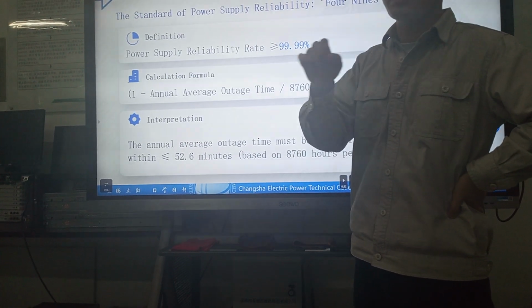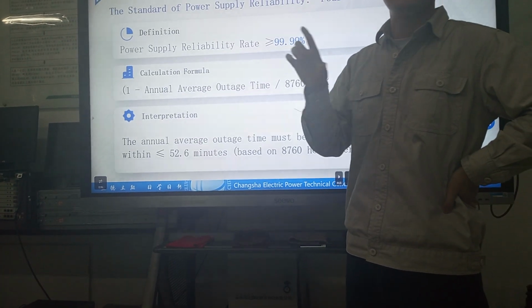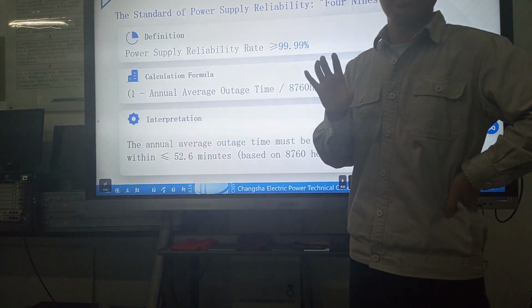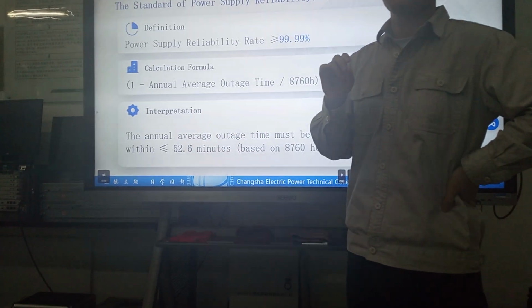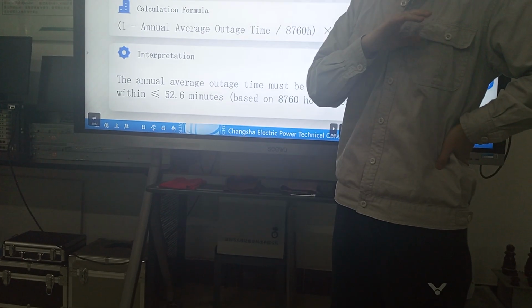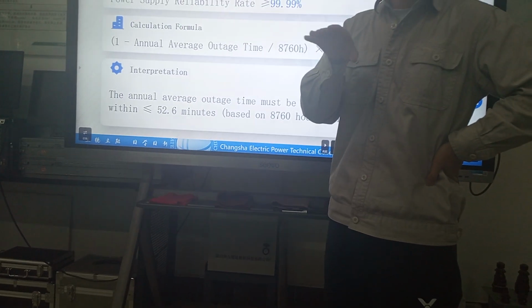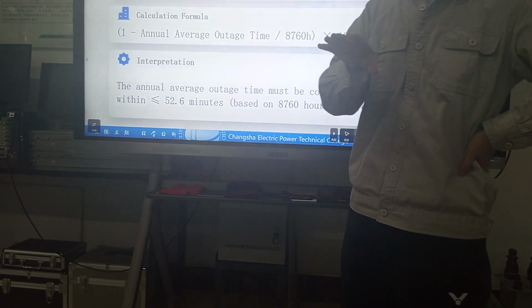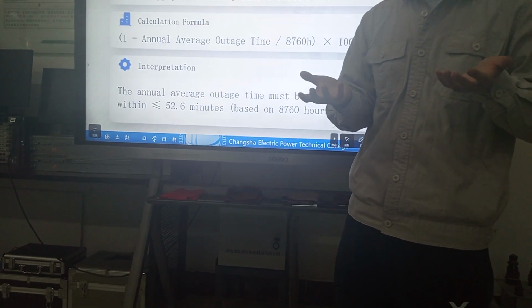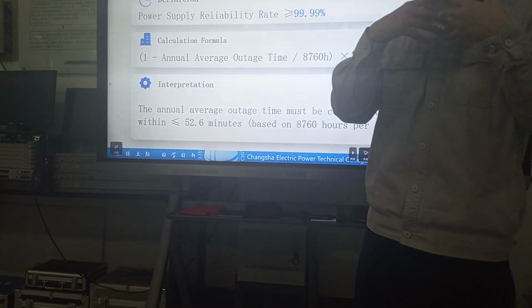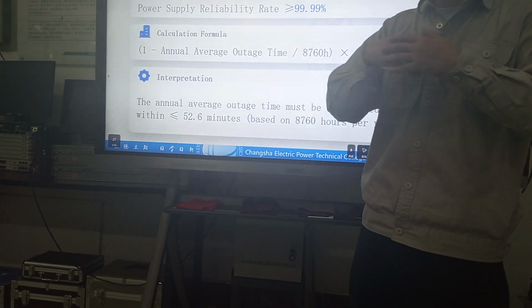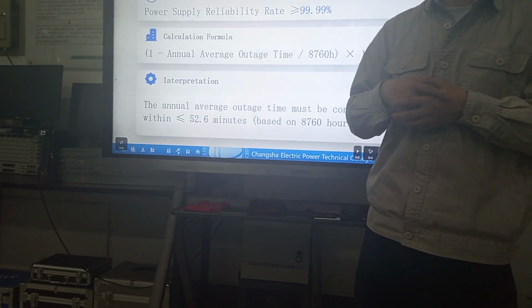But now we usually don't need that. You cannot feel the maintenance or the operation of a power system because it doesn't go off.